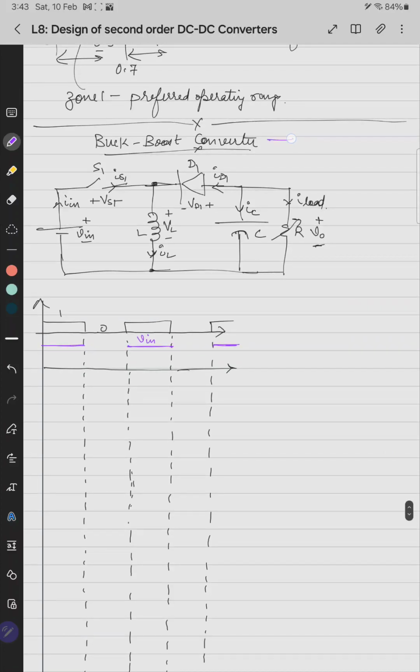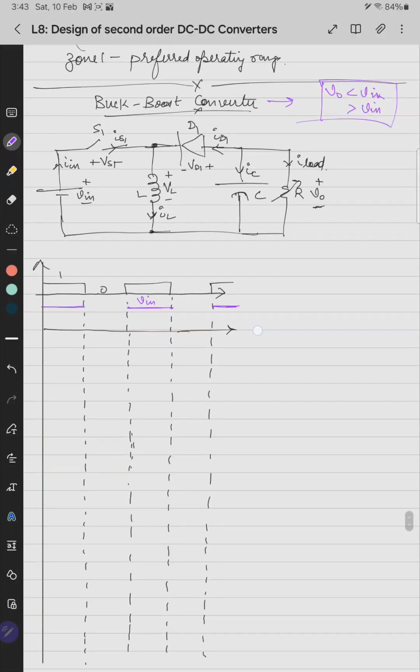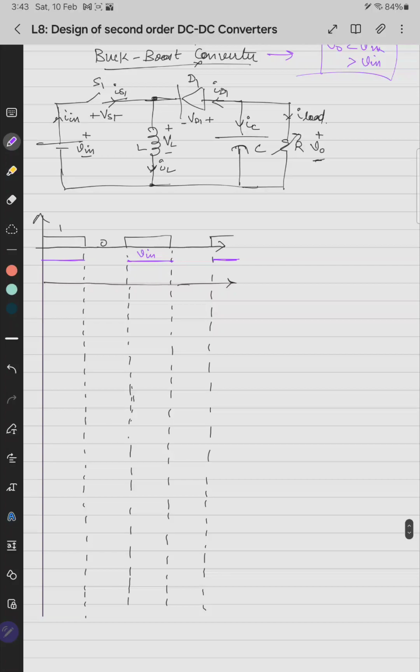As it is a buck boost, V0 can be less than Vin and V0 can be greater than Vin also. But in any of these cases, the waveform of the inductor voltage should go beyond the negative axis, which means it should be negative. Here the voltage across the inductor during the off state is plus V0, which is above the zero axis, but we want it below the zero axis. This should be minus V0. Then only the volt second balance will occur.